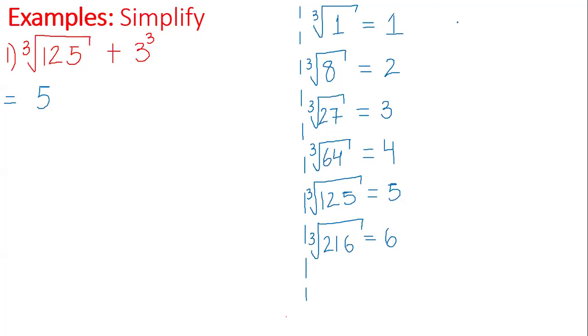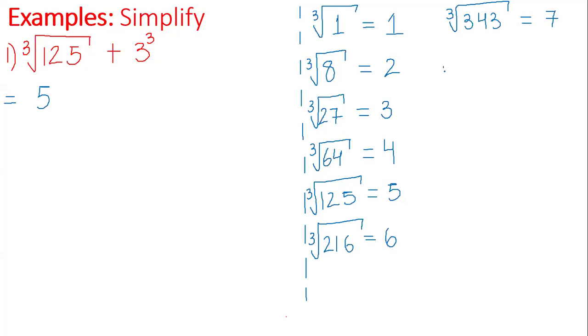Very good. By the way, you should know these out of your head, at least up to 10. The cube root of 343 is 7. Why? 7 times 7 times 7. Yes, because 7 times 7 times 7 is 343.